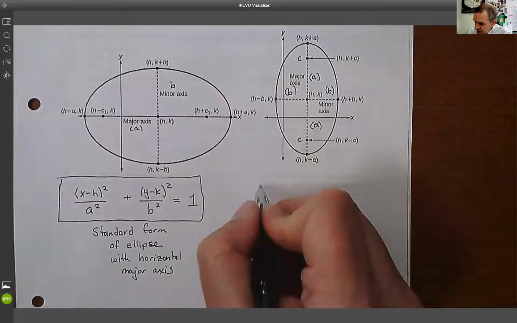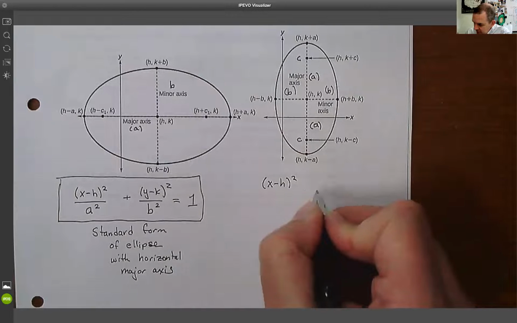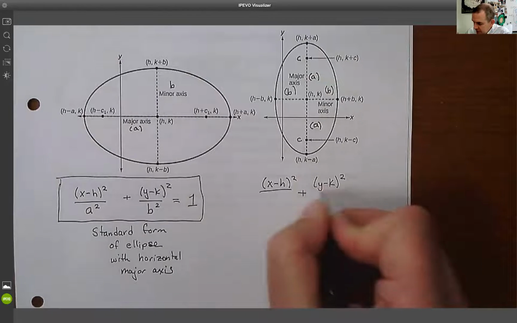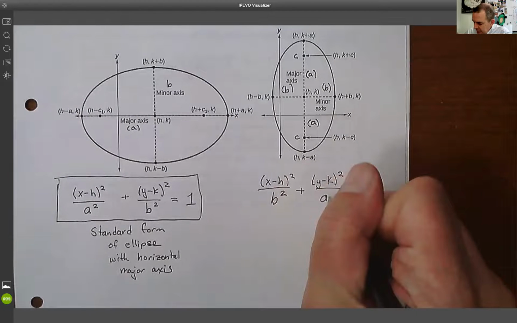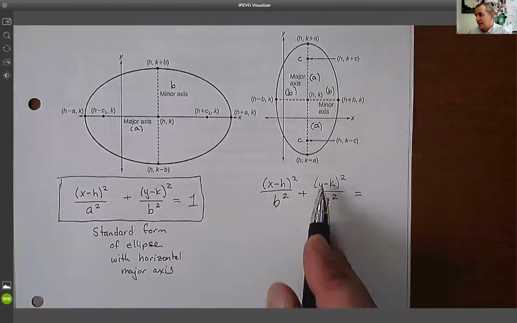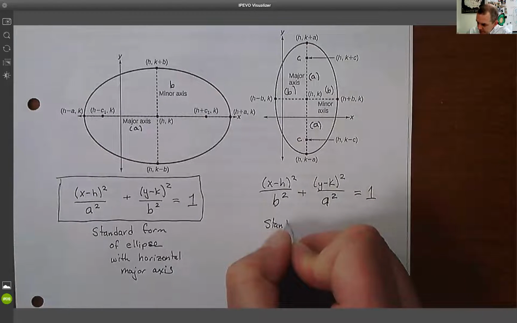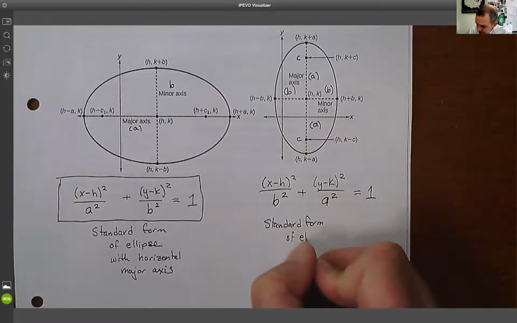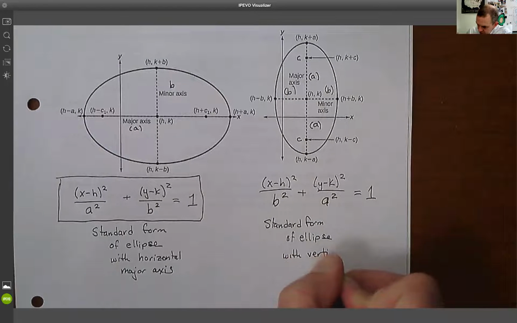We still write (x − h)² plus (y − k)², but now we put the major axis under the y, because the major axis is like the y-axis, and this also equals 1. This is our standard form of an ellipse with a vertical major axis.